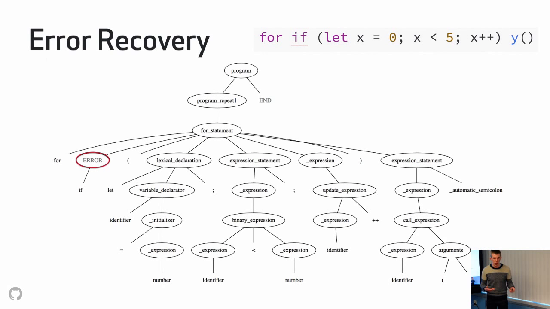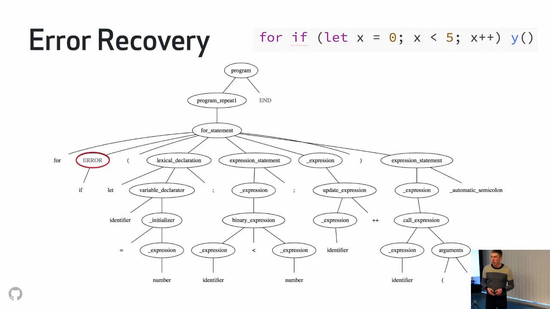But even that is really not trivial, because as you can see here from these two examples, they start out the same, but the correct recovery is different in the two of them because of the difference in the later pieces of the code. And so TreeSitter uses the GLR algorithm to resolve that problem.